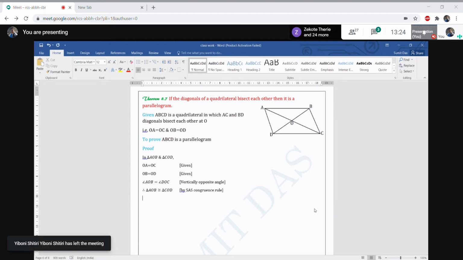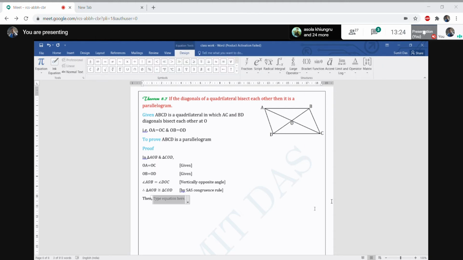So if it is congruent, then we can write angle ODC equal to angle OBA.